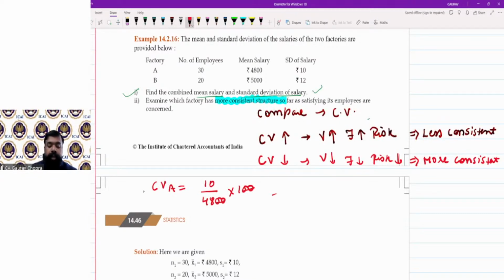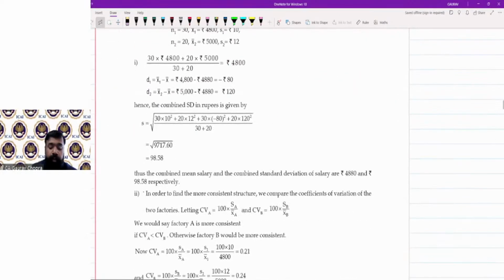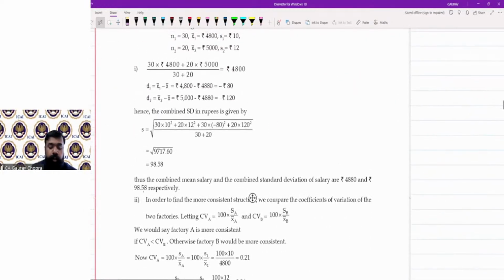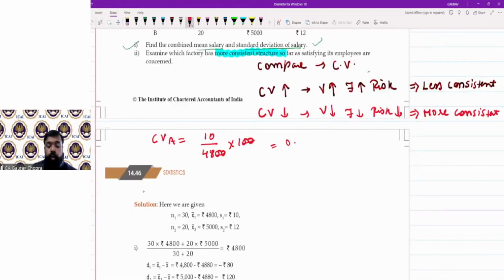So here you can get 10 by 48. It is how much? 0.21. And then the coefficient of variation for factory B. So again, standard deviation is 12, mean is 5000, multiplied by 100.